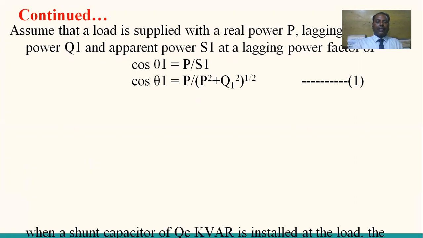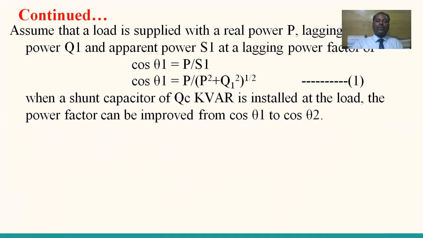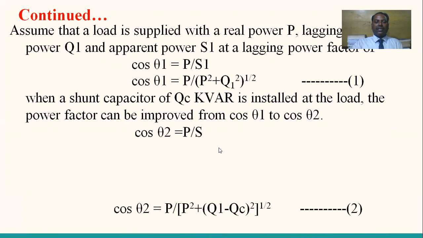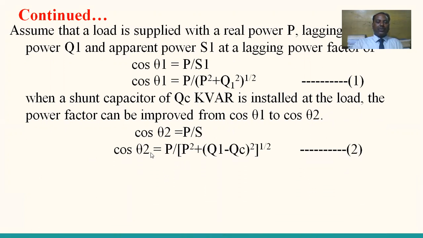Next, when a shunt capacitor of Qc kVAr is installed at the load, the power factor can be improved from cos phi 1 to cos phi 2. So cos phi 2 is equal to P by S2, which is P by (P square plus (Q1 minus Qc) whole square) whole power half.